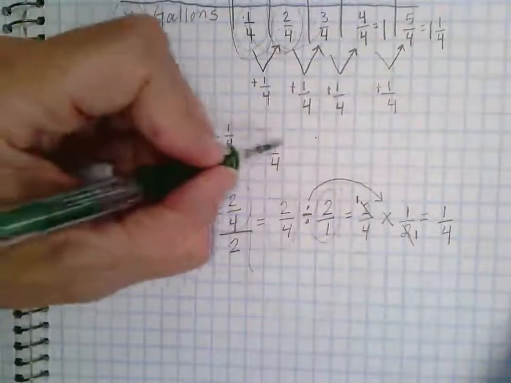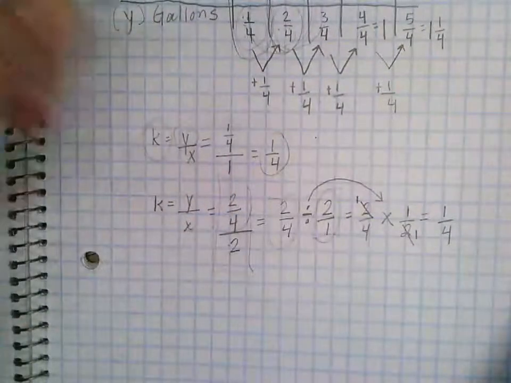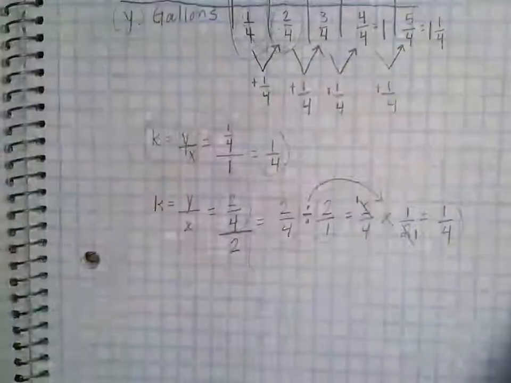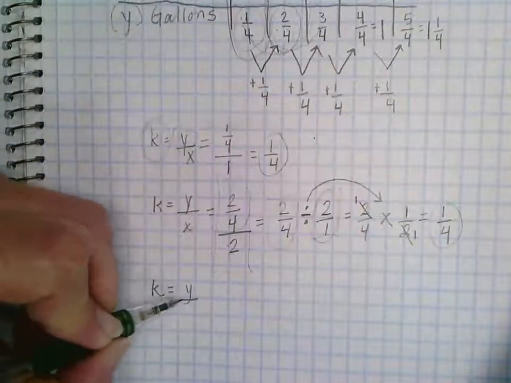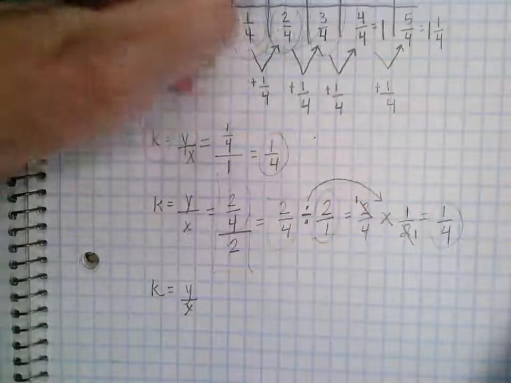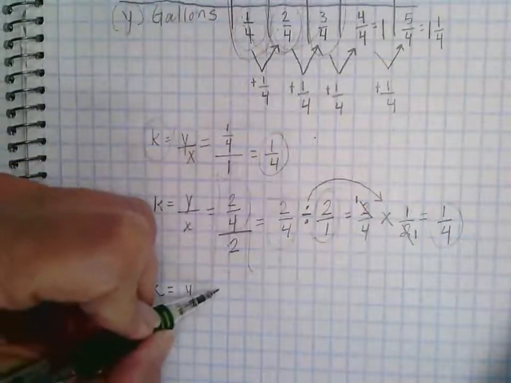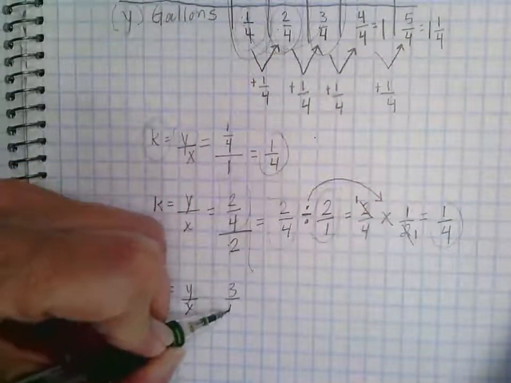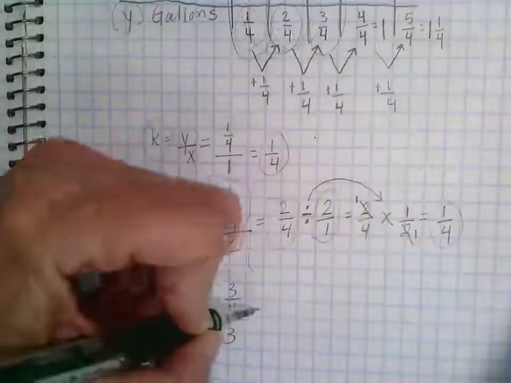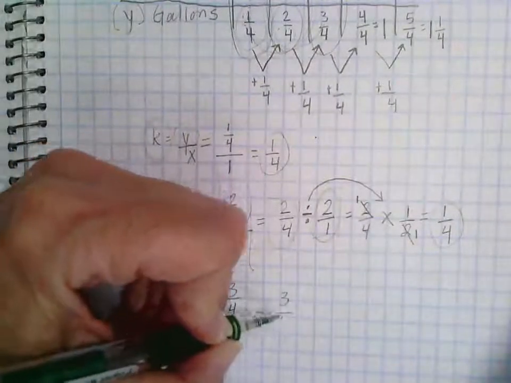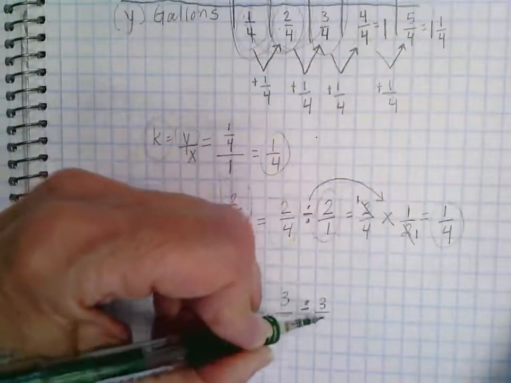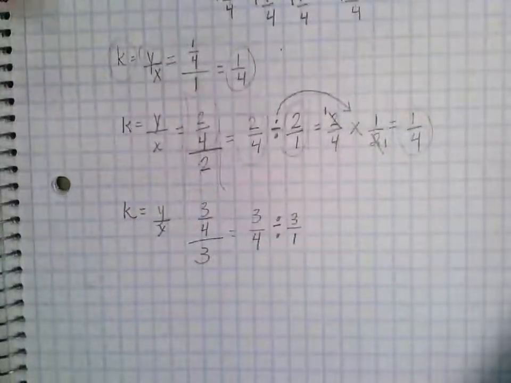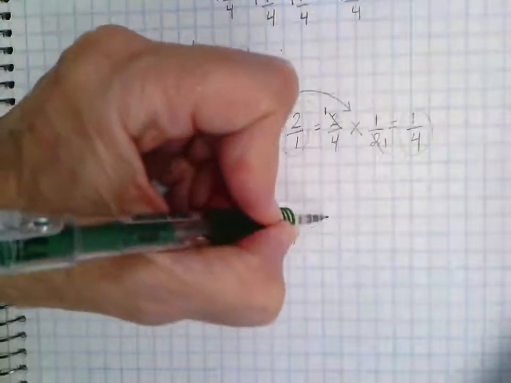So my constant of proportionality up here is 1/4, right here it's 1/4, and if I do this one more time with my next column, I take 3/4 and divide it by 3. I'm going to apply my rules for dividing fractions.